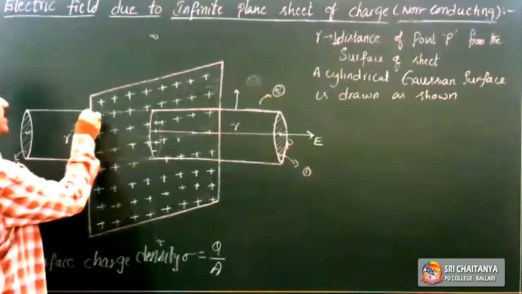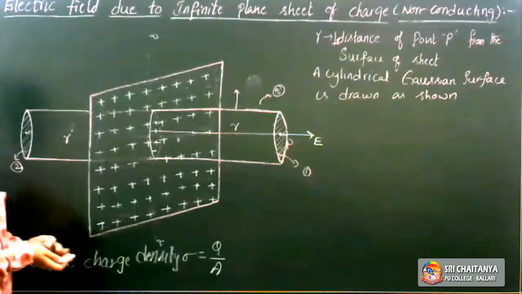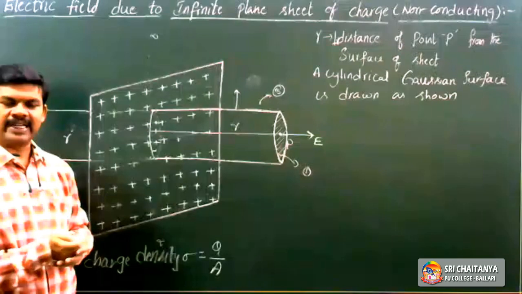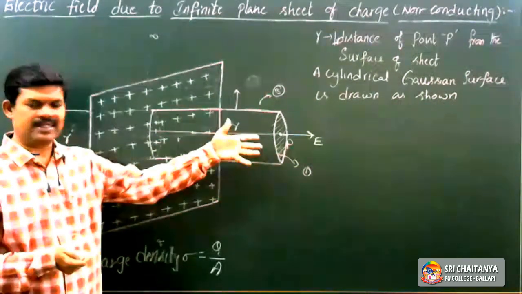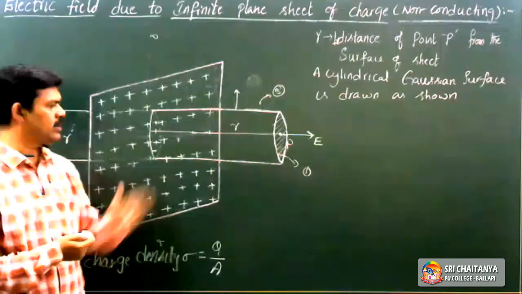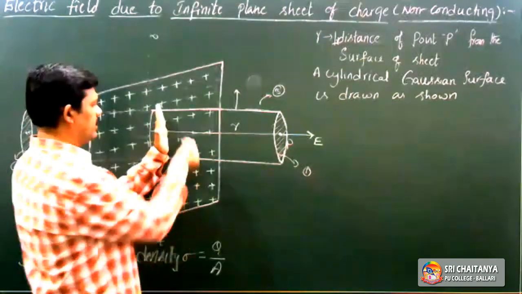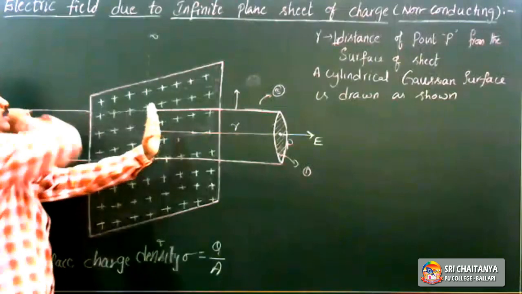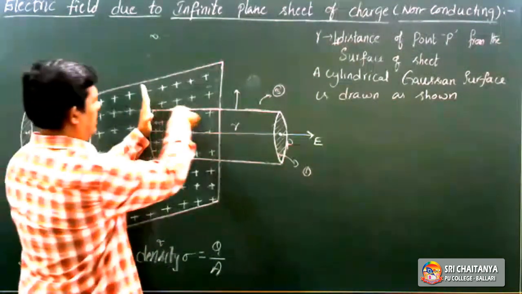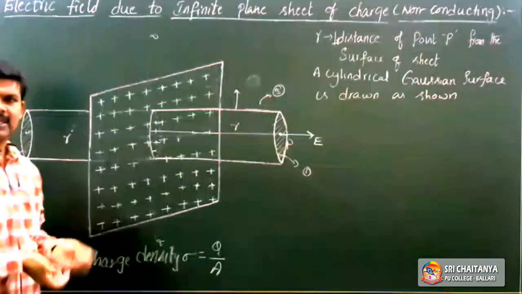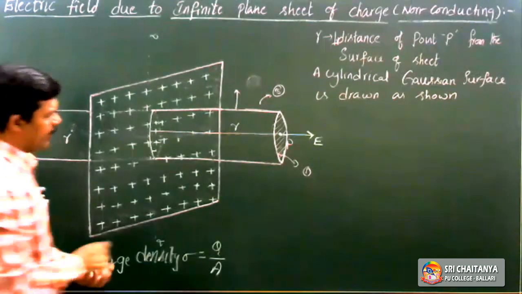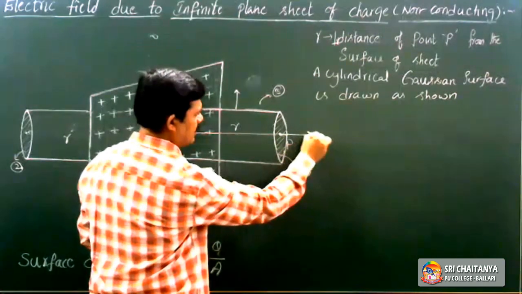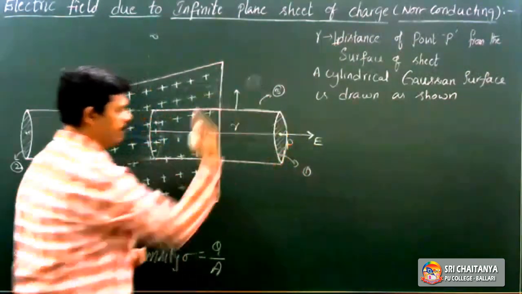And this is the curved surface. If you see the electric field direction, through which surfaces the electric lines come out? If this is the sheet, electric lines are coming like this. So from that, what is clear? If you observe here, the electric field is perpendicular to the plane.